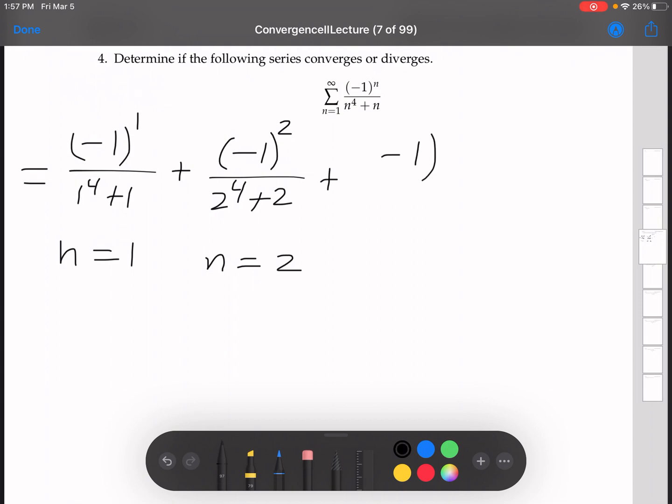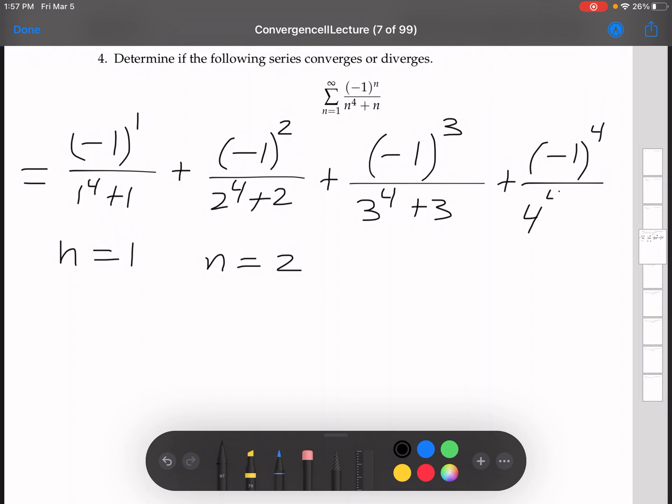Plus negative 1 cubed over 3 to the 4th plus 3. Negative 1 to the 4th over 4 to the 4th plus 4. Continuing on forever. This is the n equals 3 term and the n equals 4 term.